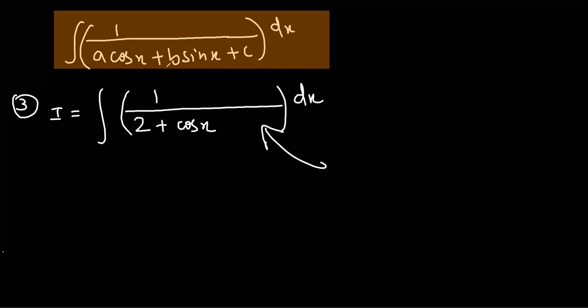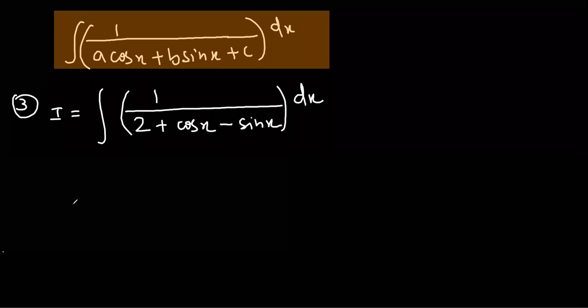So remember, you may have the terms of cos x, sin x and a constant, or only cos x and a constant, or a term of sin x and a constant and no cos x. All these different problems you will categorize in the same type. So, 1 upon 2 plus cos x minus sin x, and see how I solve it.